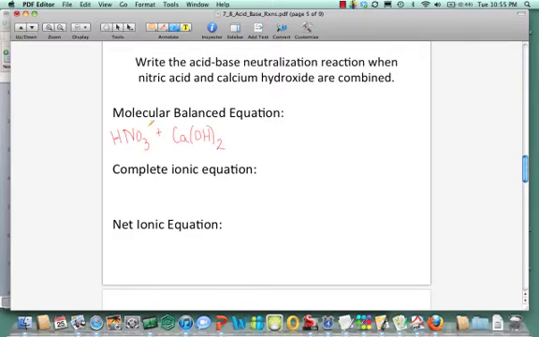Okay, these are aqueous. When they're combined, we have a swapping of partners, so calcium gets nitrate, hydrogen gets hydroxide to form H2O. And the salt that forms is calcium nitrate.